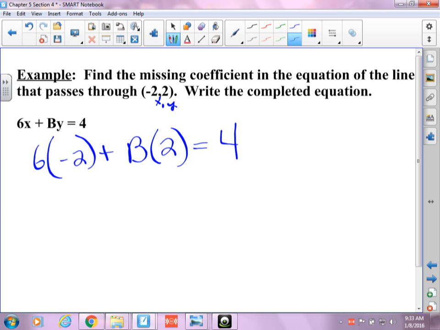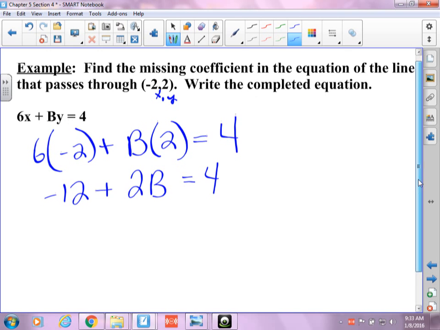I get negative 12 plus 2b. Remember the number goes up front? To be or not to be? You're learning Romeo and Juliet. English and math come together. Yes.